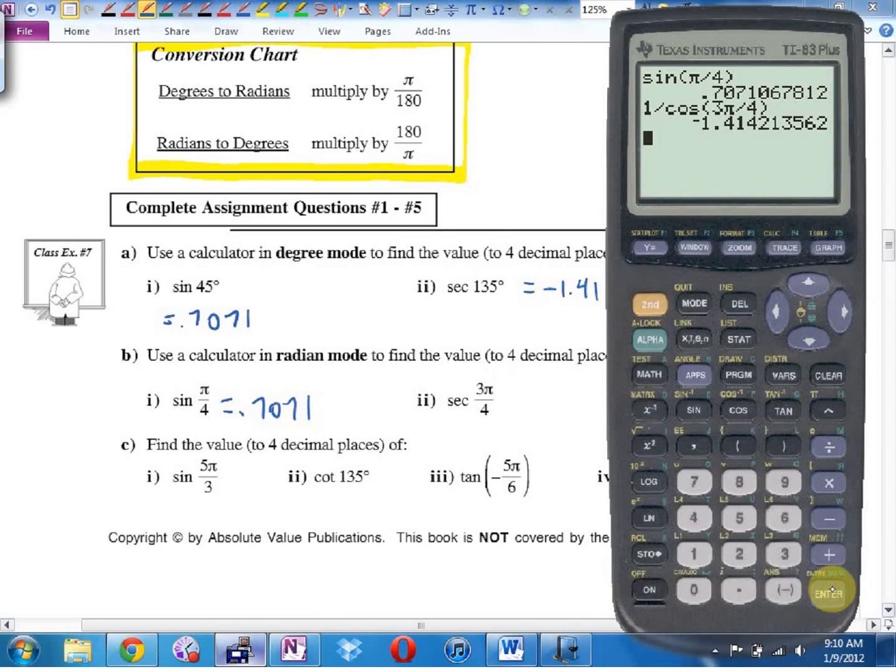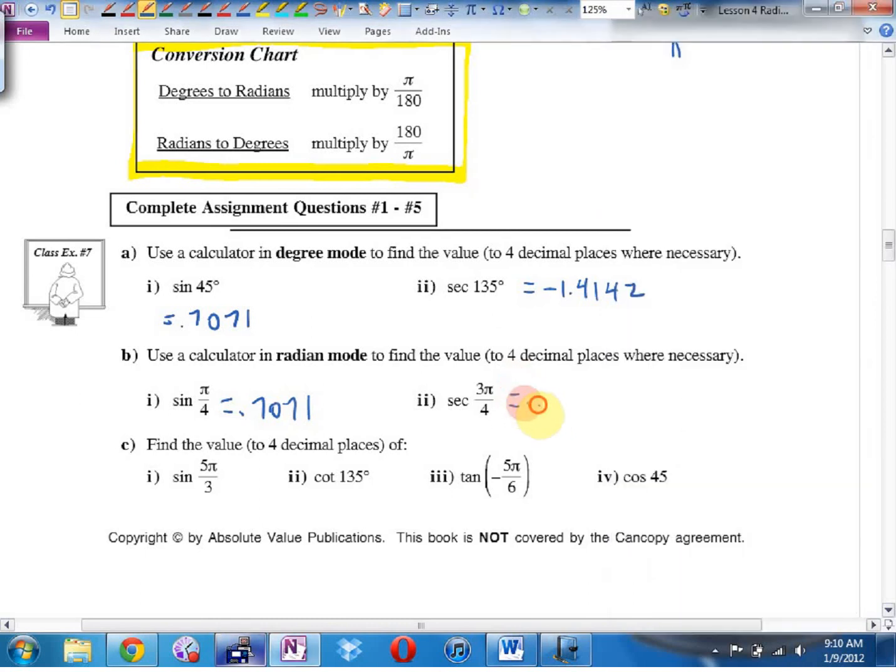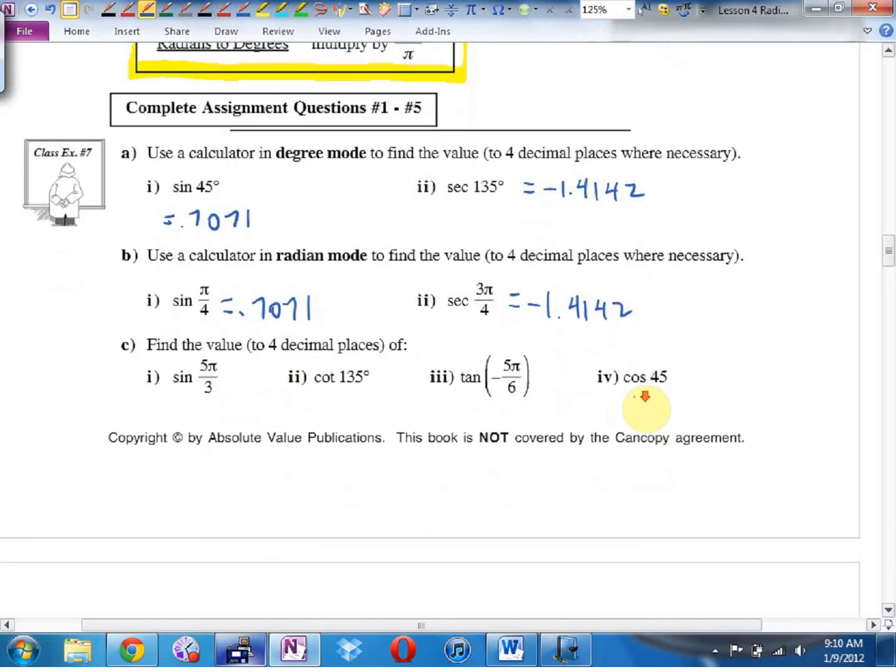So, to me now, it's fair game to ask you either degrees or radians. Can you try all of example C on your own, all 4 questions? Here's a hint. Do all of the degrees first, and then do all of the radians, but don't flip for each question. Little trick.